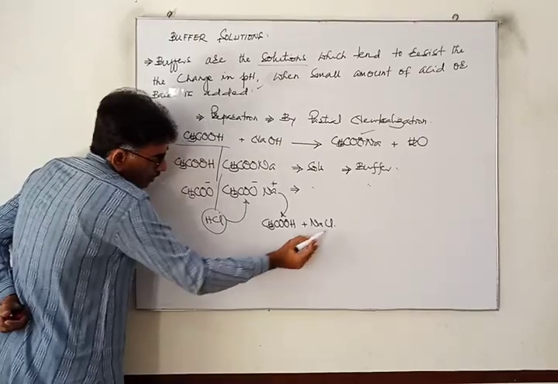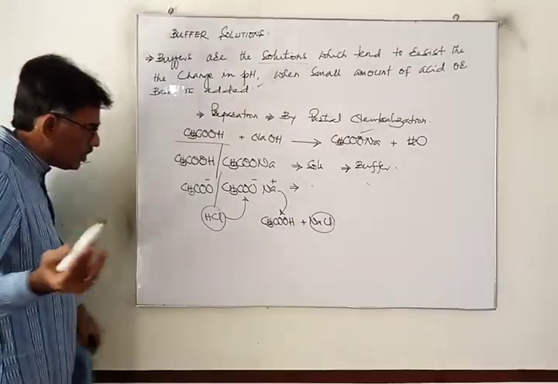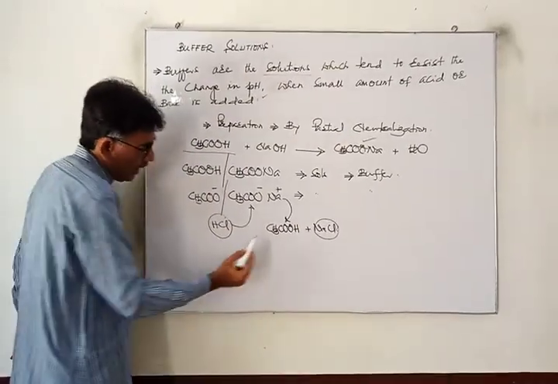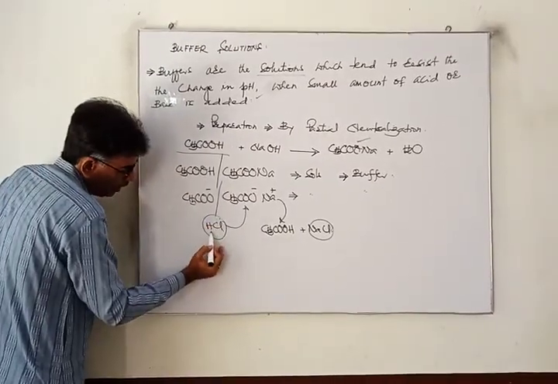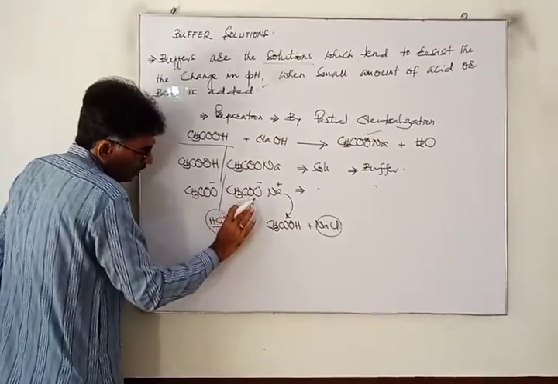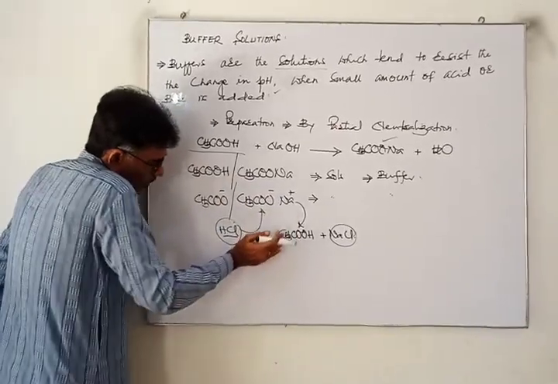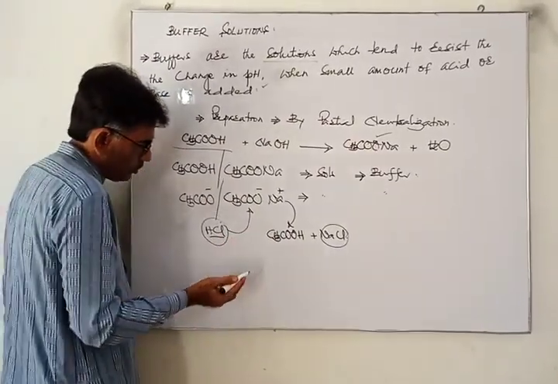So look at that. The nature of sodium chloride is a neutral salt, and what happened? When hydrochloric acid is added to a buffer, how can the buffer neutralize it and minimize the strength?